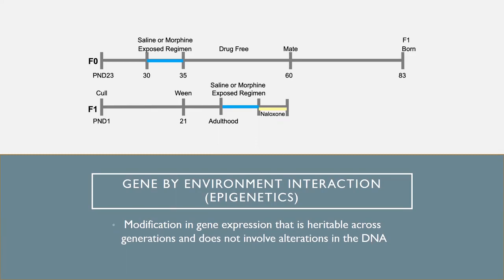We know now that that's not true. A lot of times heritable changes can be much faster than that. And it can happen by mechanisms like DNA methylation or histone acetylation. And so we're looking at how saline or morphine exposure in mothers prior to in utero exposure translates to offspring.